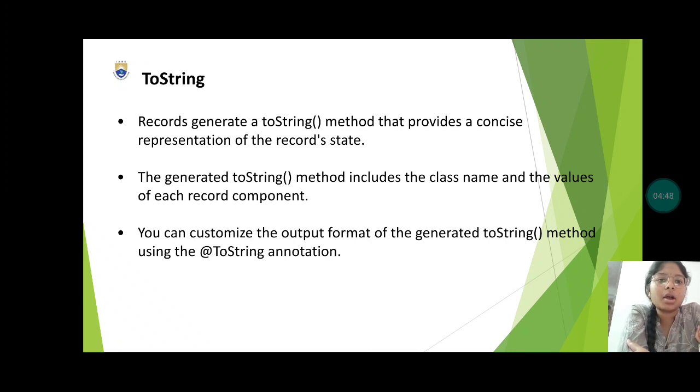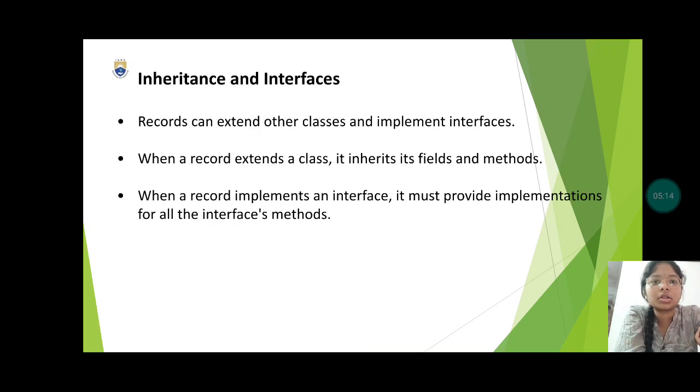You can customize the output format of the generated toString method using the @ToString annotation. So this is about the toString method, and next slide is about inheritance and interfaces.